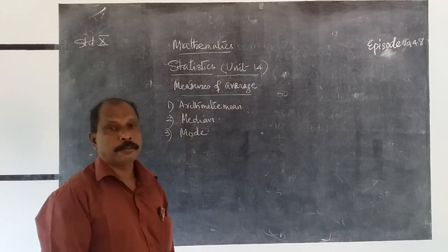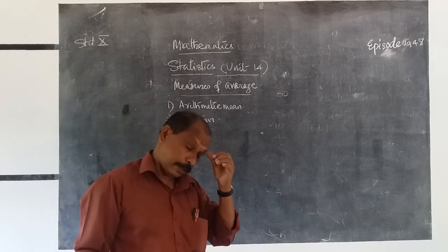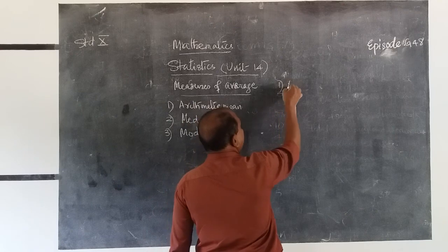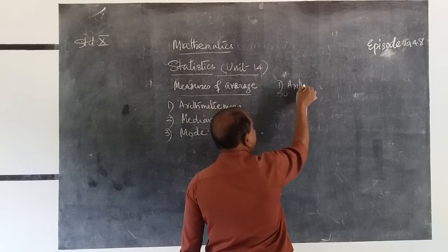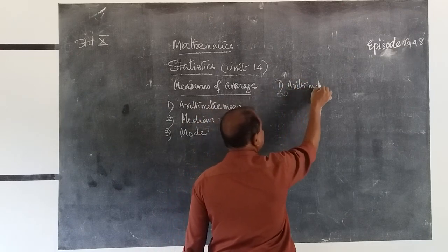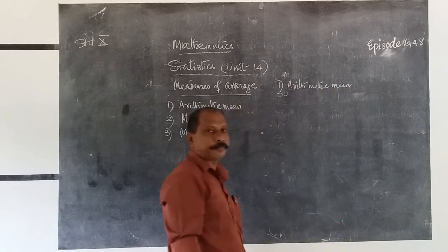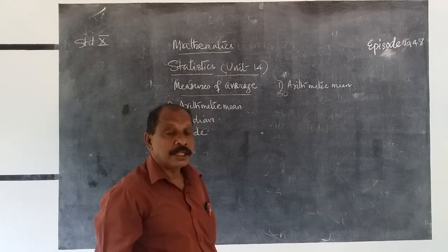First one, arithmetic mean. The number one, arithmetic mean is the ratio.